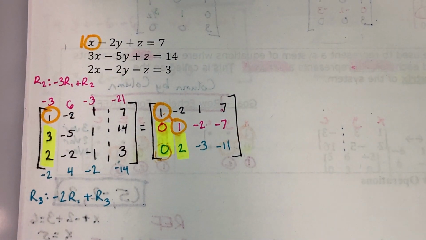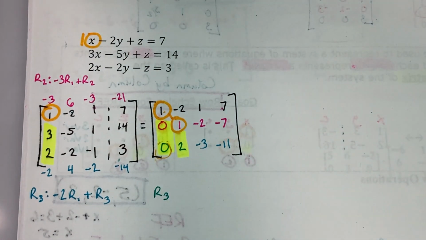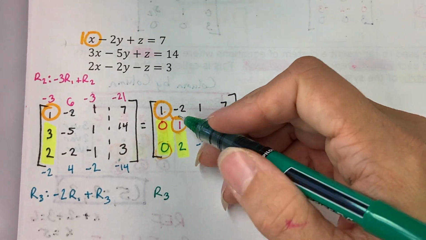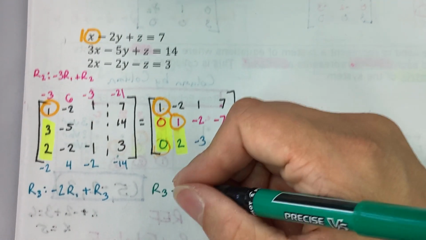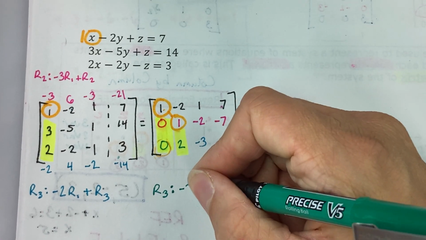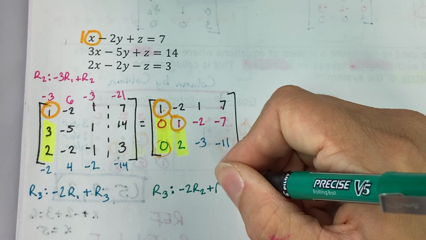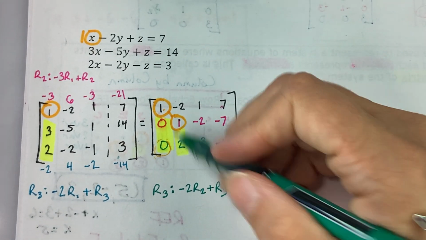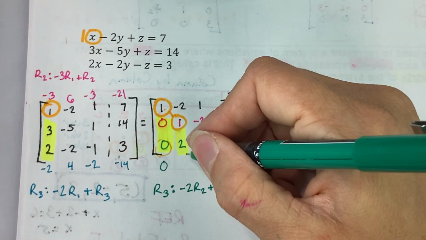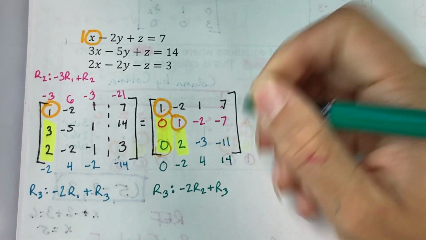So let's go ahead and write our manipulation work for this one. Which row do we need to replace? Row 3. What are we going to replace it with? Well, we're going to multiply row 2 by negative 2, and then add that to row 3. So negative 2 times row 2: 0, negative 2, positive 4, 14.